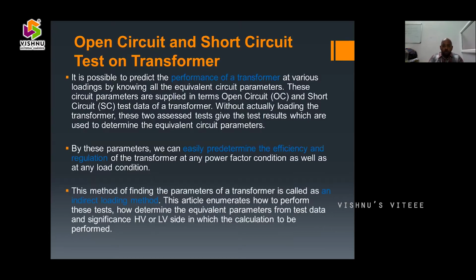It is possible to predict the performance of the transformer at various loadings by knowing all the equivalent circuit parameters. These circuit parameters are obtained from the open circuit and short circuit tests of a transformer.